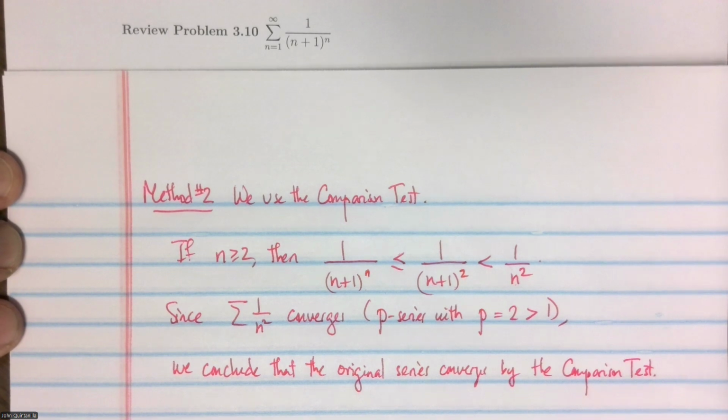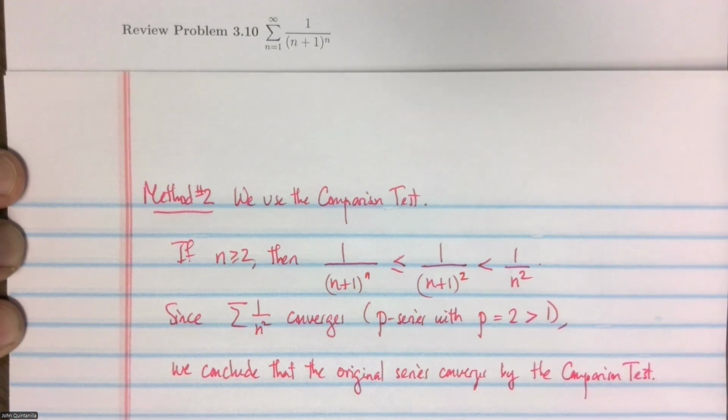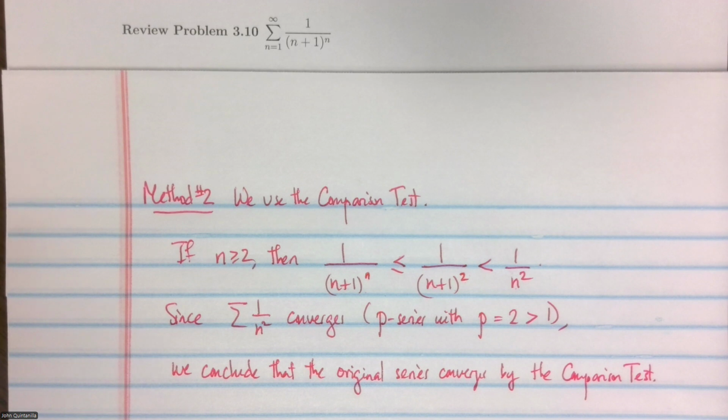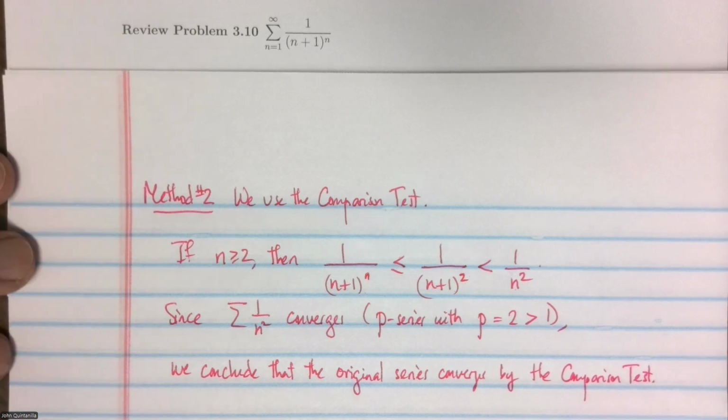Okay, and so that is a second way of doing the problem. I wouldn't necessarily expect you to do the problem like this, but it's pretty quick. You compare this series to this series, which converges.